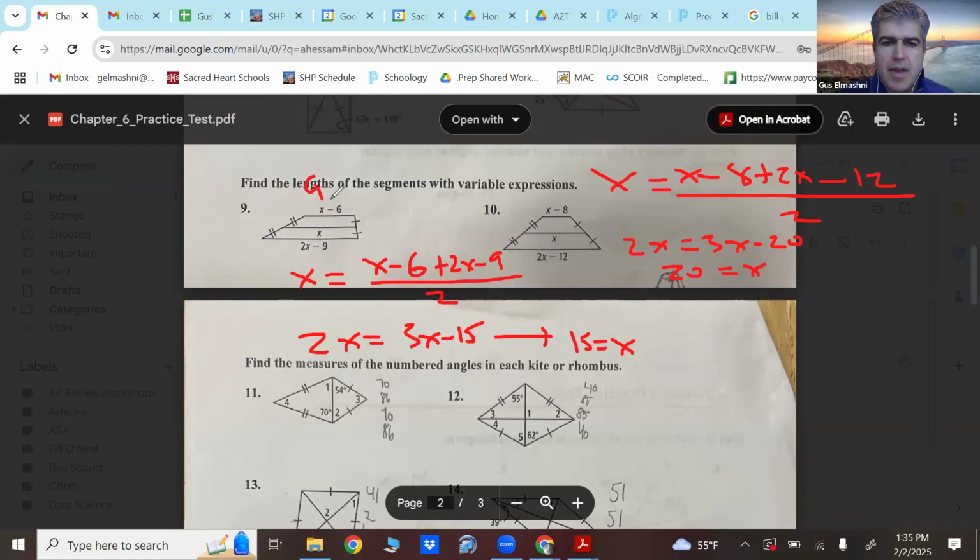That'd be 9, 15, 21, 20, 12, 20, then 28.